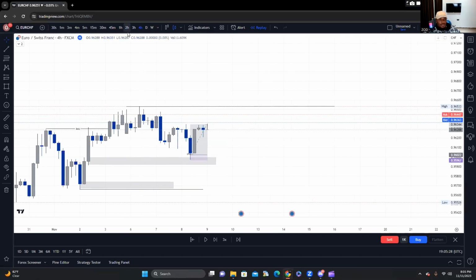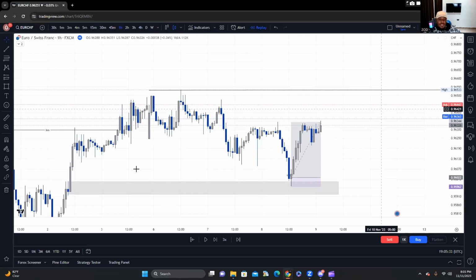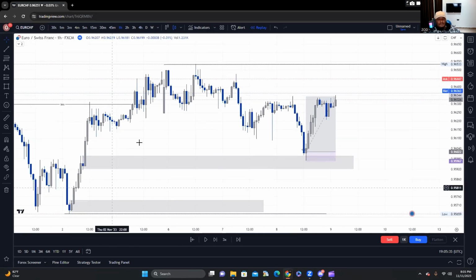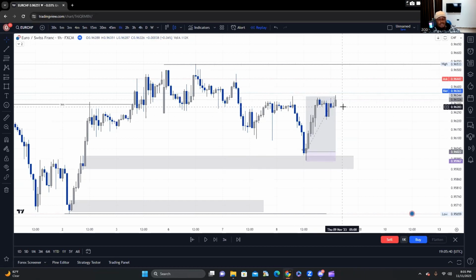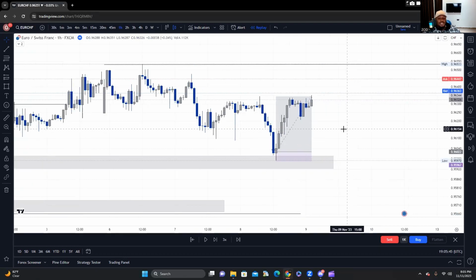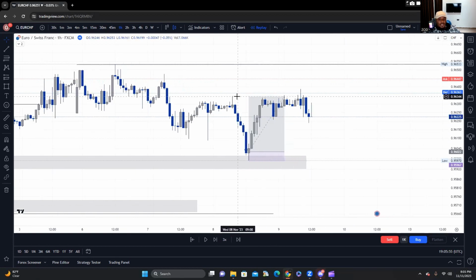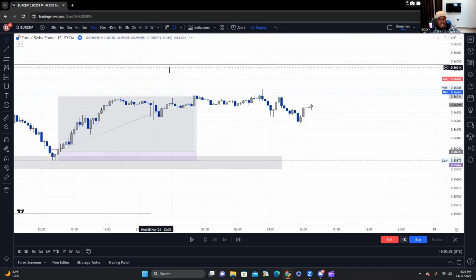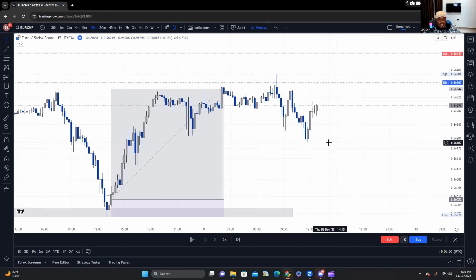Now let's look at it from a 1 hour time frame. Within this same range structure, we can also see a series of higher highs and higher lows on a smaller time frame. That'll be our internal range structure, or internal market structure, right? On the 1 hour time frame, you see that price has now taken out this high, and I think it's better to use a 15-minute time frame.